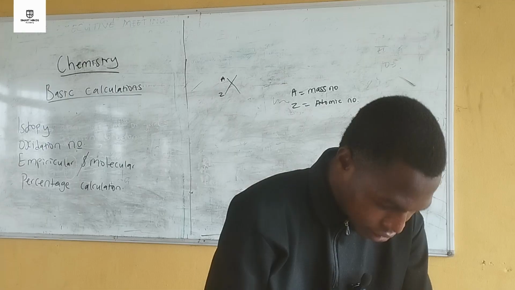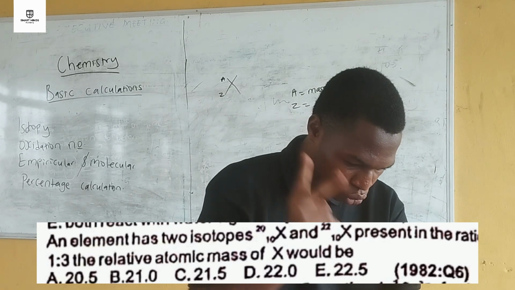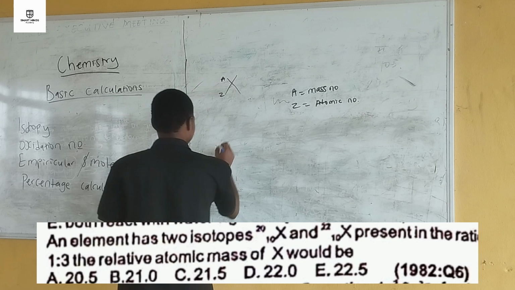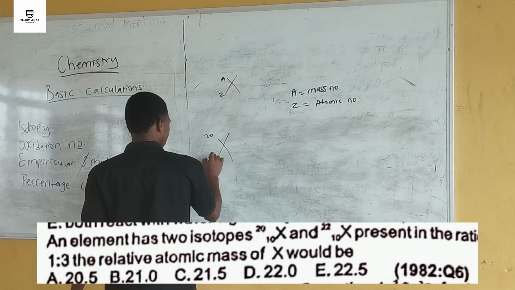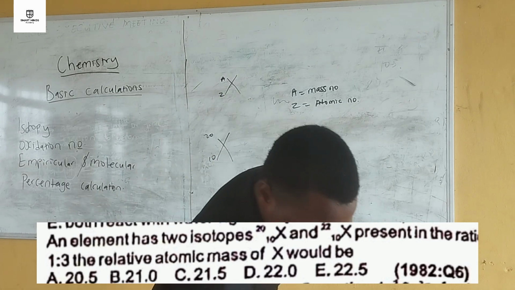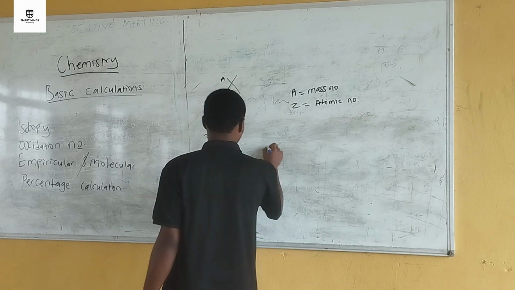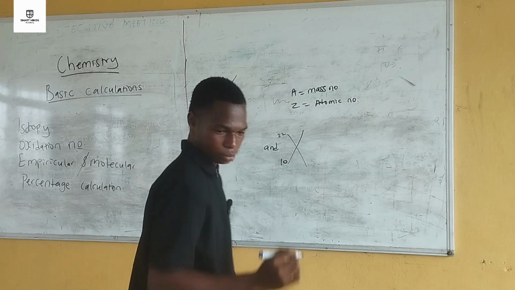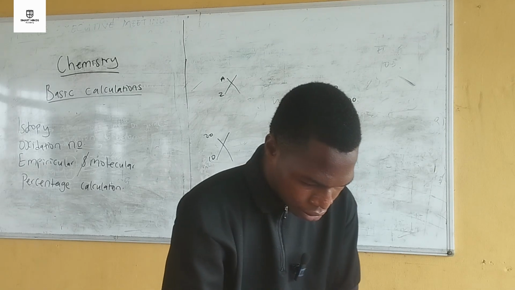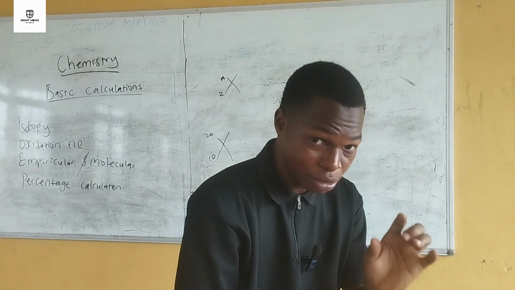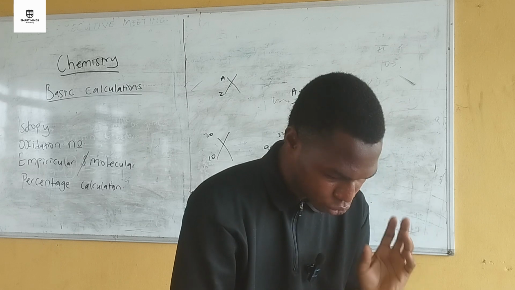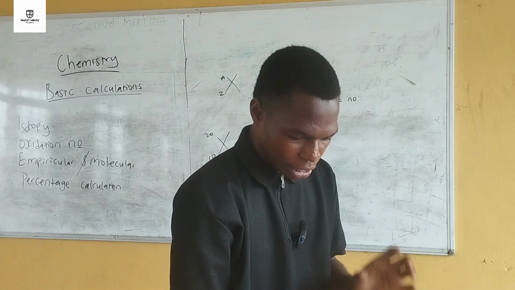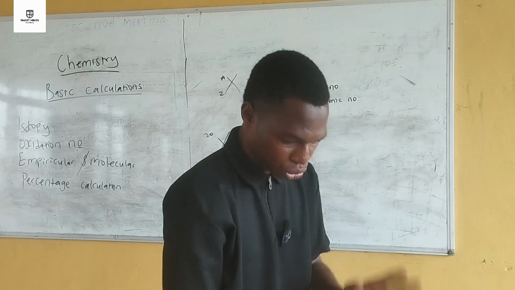You get? An element has two isotopes. The first isotope is 20 10 X, and the second isotope is 22 10 X, and is represented in the ratio of 1:3.